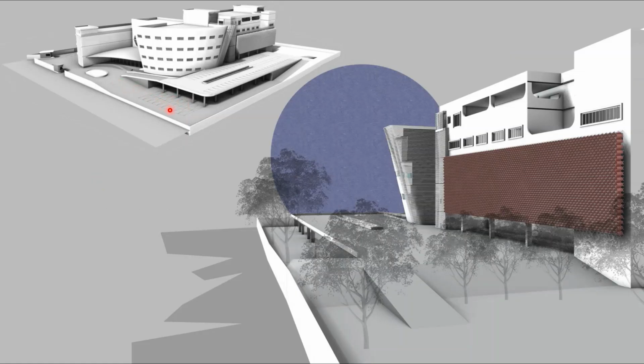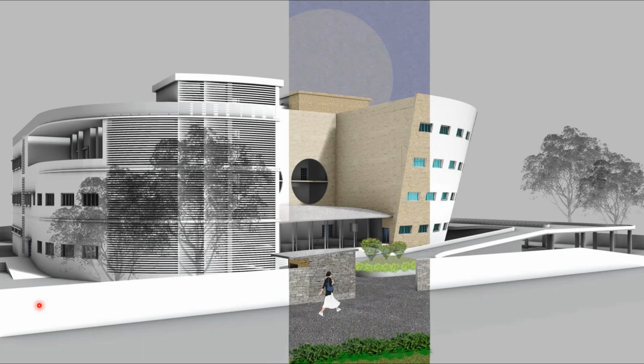In the view, you can see the use of levels for parking spaces in the lower ground floor, and the use of a ramp to use the parking space in the upper ground floor. In the second view, you can see the use of terracotta pots in the western facade in order to keep the internal temperature slightly cooled.